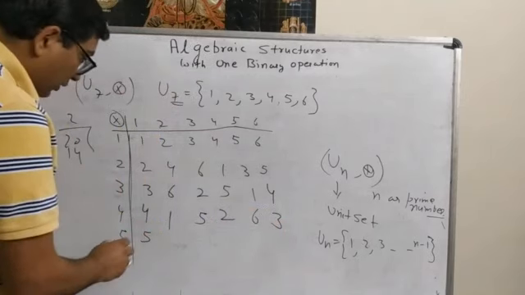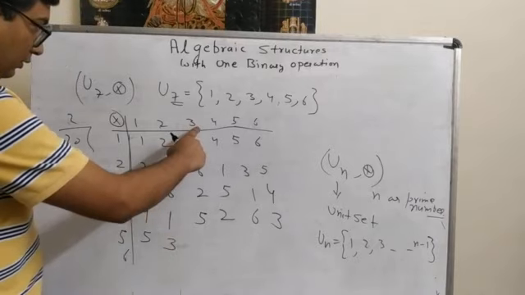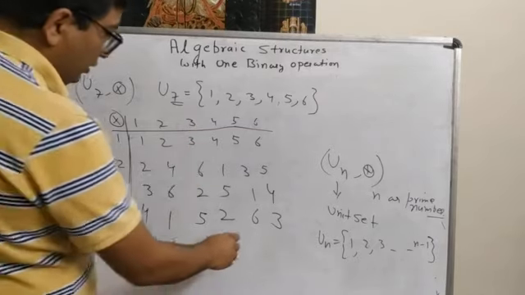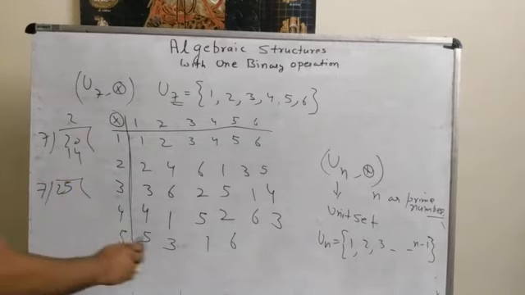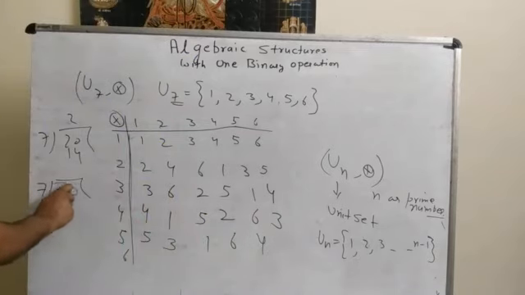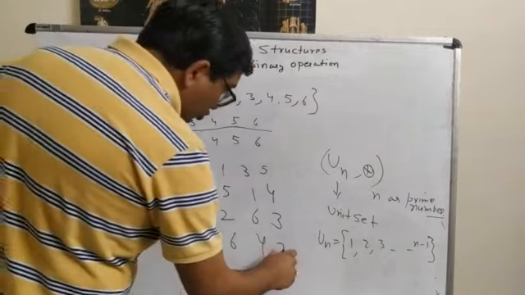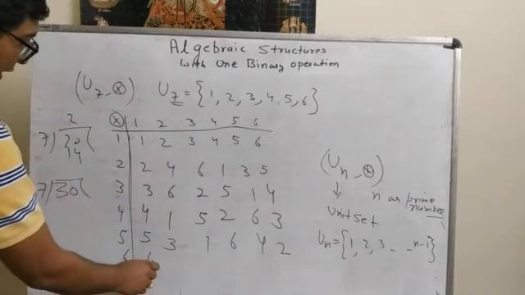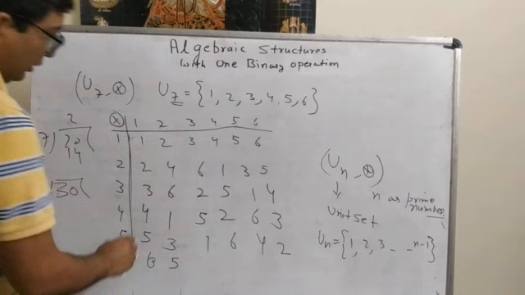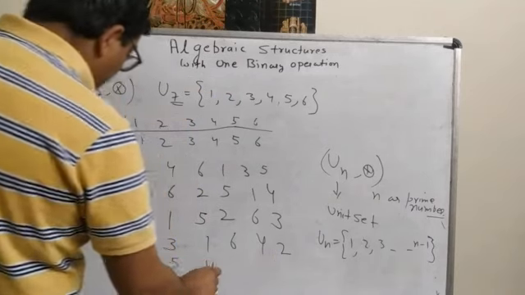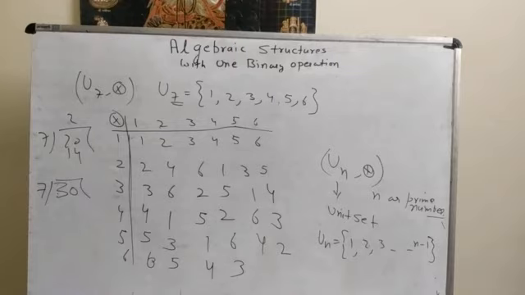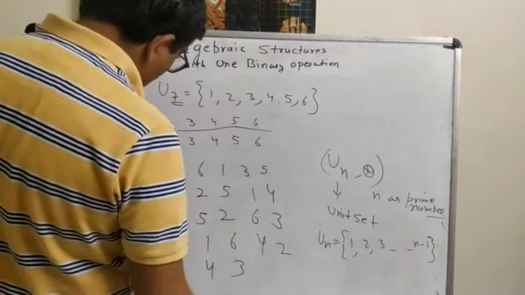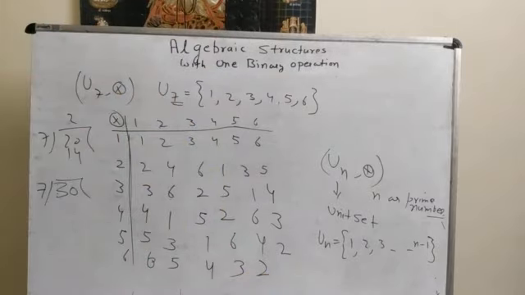For 5: 5, 10 means 3, 15 means 1, 20 means 6, 25 means 4, 30 means 2. For 6: 6, 6 into 2 is 12 which means 5, 6 into 3 is 18 which means 4, 6 into 4 is 24 which means 3, 6 into 5 is 30 which means 2, and 6 into 6 is 36 which becomes 1.